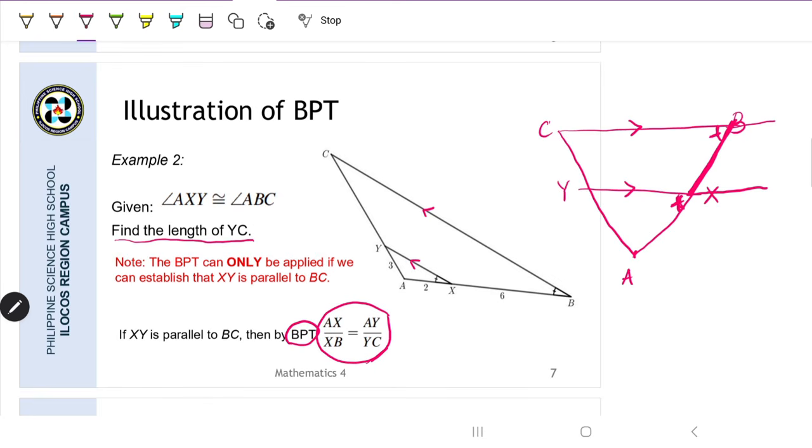From our previous discussion on parallel lines, if consecutive angles are congruent, then we can say that the lines are parallel. So therefore, XY is parallel to BC. So we can really use the basic proportionality theorem in order to solve YC.